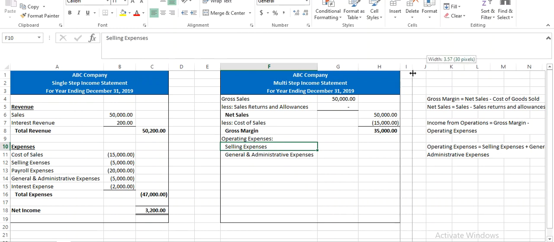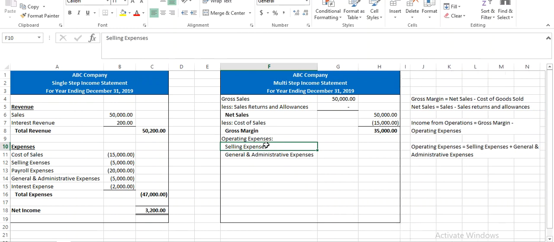Operating expenses tend to be any expense the company has outside of purchasing the product and preparing the product. Selling expenses are any expenses the company incurs in order to sell its products. So that could be a commission to a salesperson, because it's directly related to selling the product.